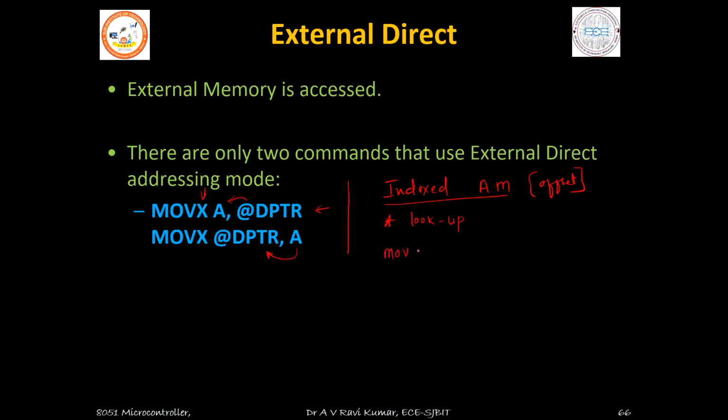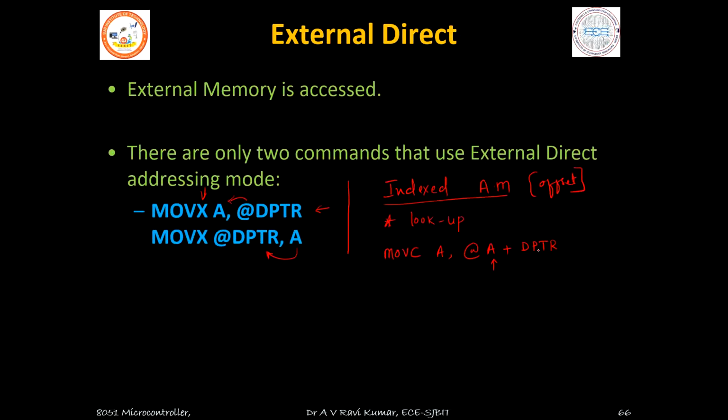One, we have MOVC. This instruction is used as a lookup table: the content of the accumulator is taken from the lookup table, pointed to with the offset A plus DPTR. From the lookup table in external memory pointed to by the data pointer, with the offset added here, that content I move to the accumulator. That is where I use the lookup table.